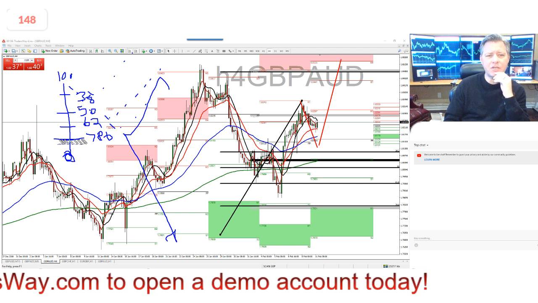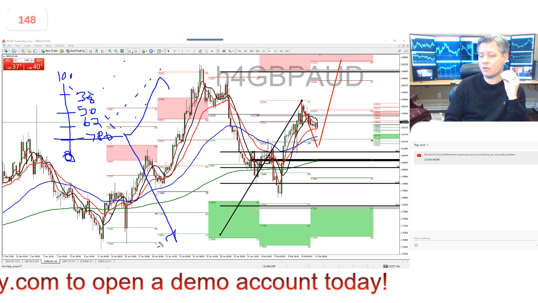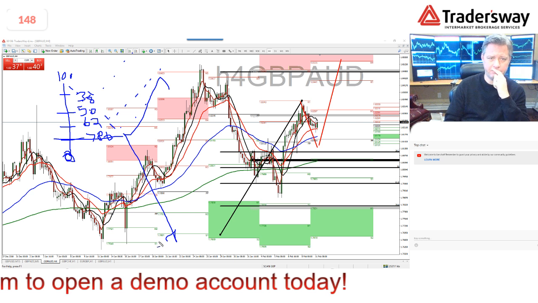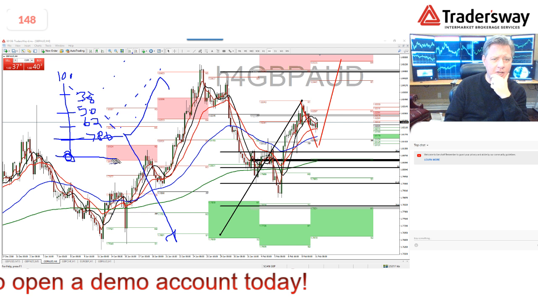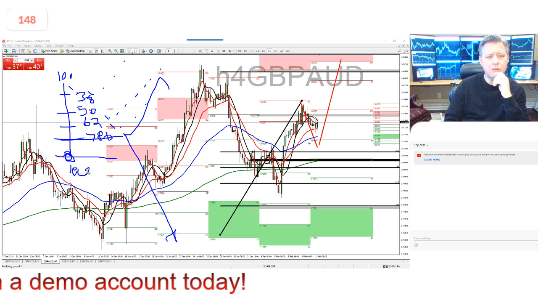So I said to myself, anything lower than 786 is no longer a retracement, but a reversal. So then I said, well, this area here needs to be measured. So I took 100 minus 786.